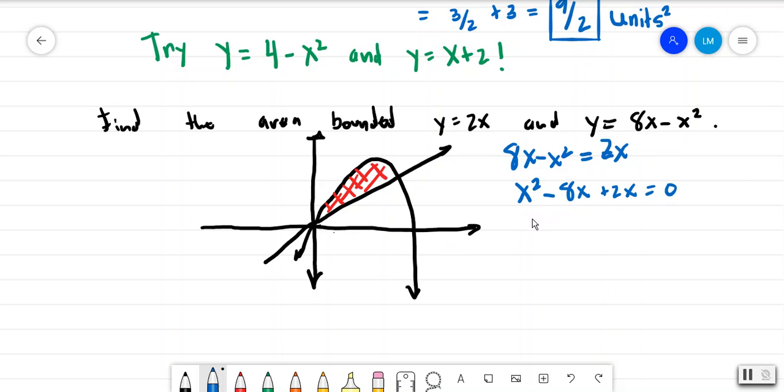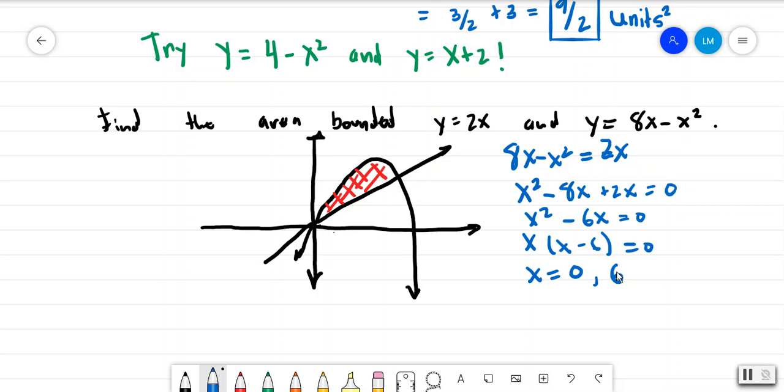So this gives us x squared minus 6x equals 0. From here we just take x multiplied by x minus 6, and that's equal to 0. So the points of intersection are 0 and 6.